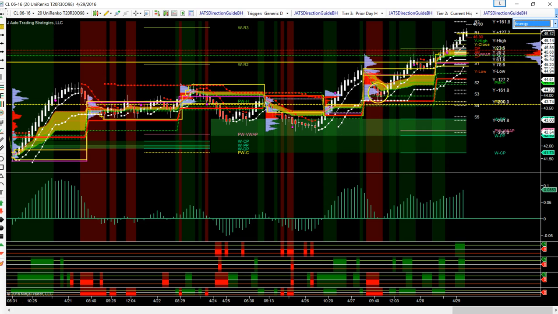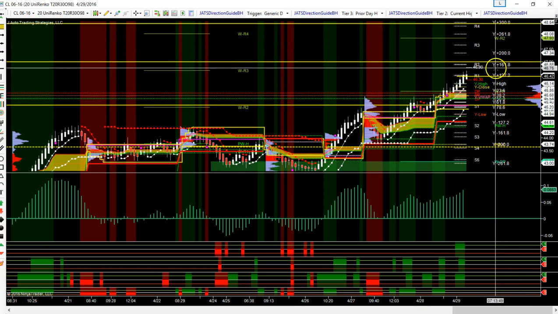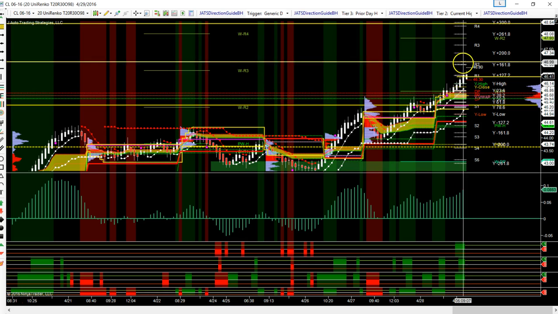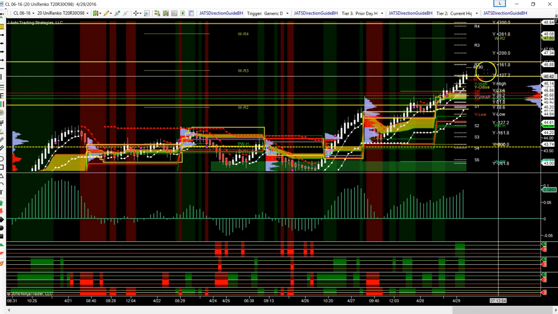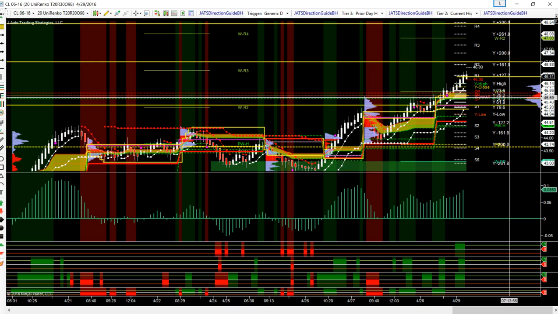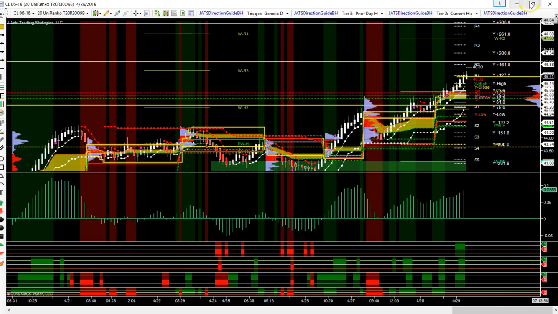And this is the open outcry. As you can see, we had a down and up day yesterday. And we've just hit R1. So that's why it's probably going to pull back to my area. And then I'll be looking for that 161.8 R2 and my 47 level for today's trading session in crude.